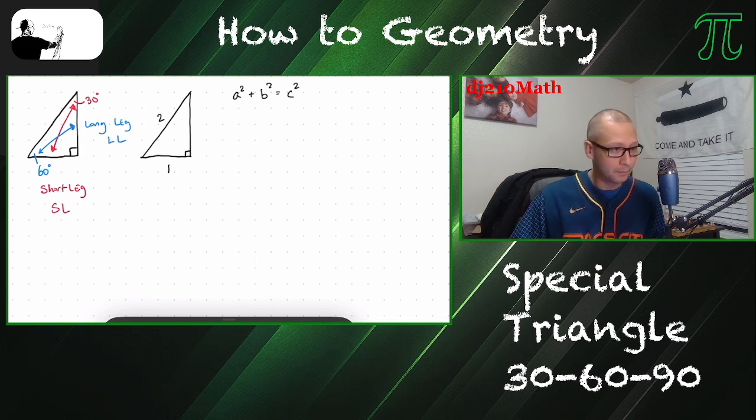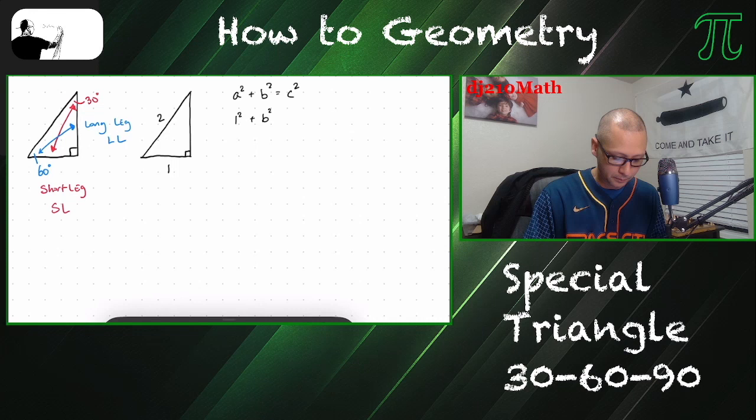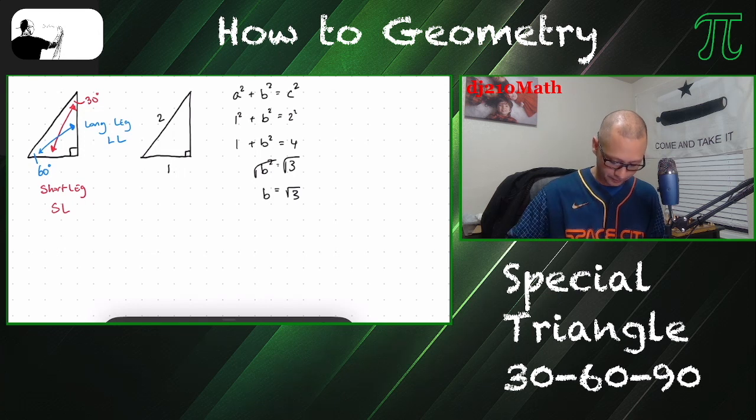The sum of the squares of the legs is equal to the square of the hypotenuse. So if a is 1, 1 squared plus b squared is equal to 2 squared. This is going to be 1 plus b squared is equal to 4, b squared is equal to 3. To isolate b, we take the square root of both sides, so b is equal to root 3.